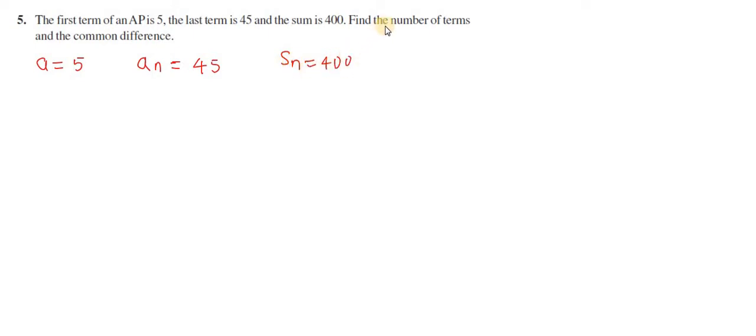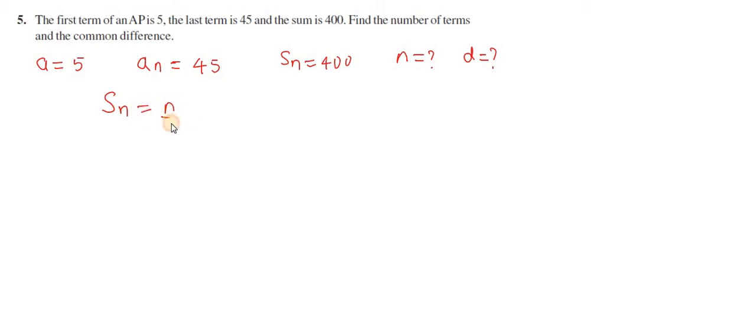So now we need to find the number of terms and the common difference. So we need to find what is n, and also what is d. Is it clear? Okay, so now how to find? Here we have two formulas to find Sn. Not two formulas, different forms of the same formula.